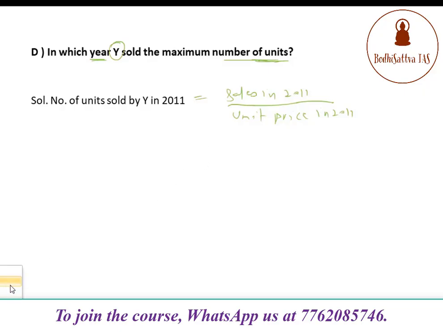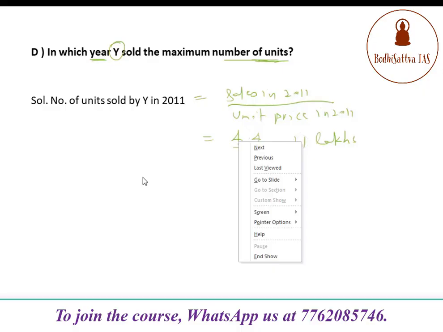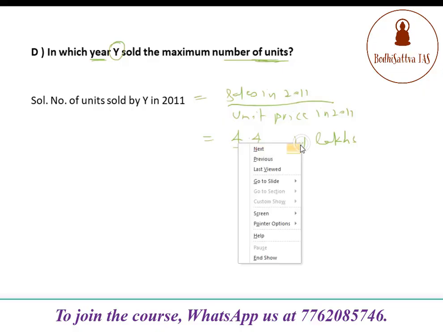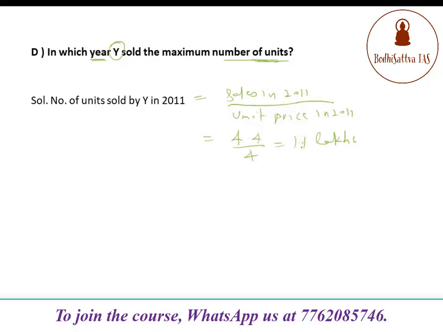So sales was 4.4 lakhs divided by 4, so 1.1 lakhs units was sold by Y in 2011.